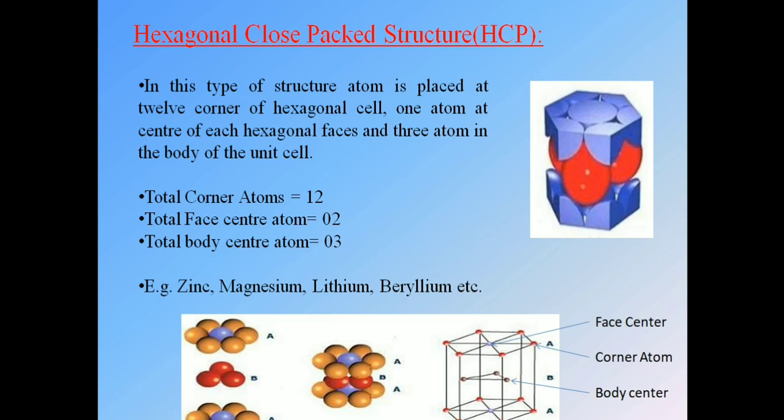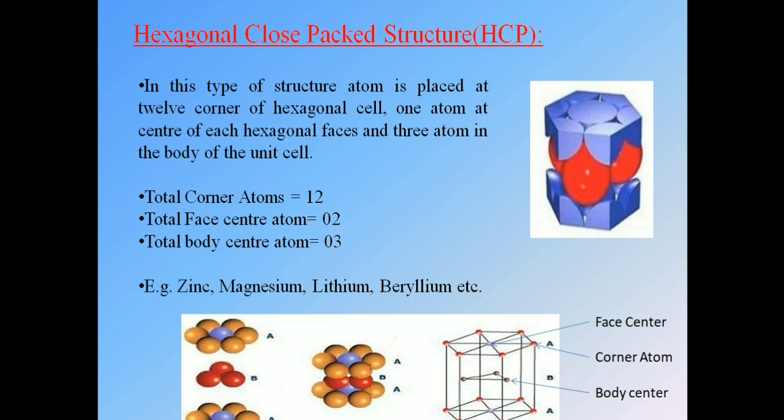Those small spheres are placed on the corners, and there is a single small sphere at the center. That center sphere is nothing but the hexagonal face centered atom. And in the hexagonal structure, on the inner side we have 3 body centered atoms, denoted by arrows. Look at there. There are a total of 3 body centered atoms.